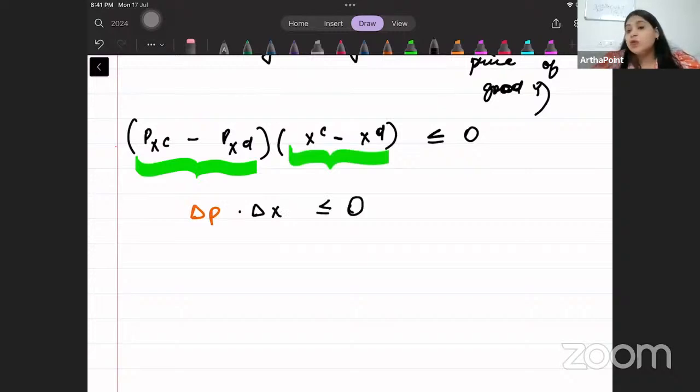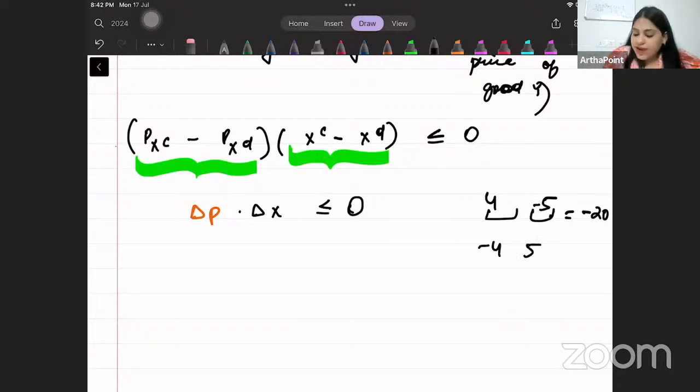When is the product of two things negative? When one of them is negative, only then will the product be negative. So suppose I want the product of two things to be minus 20. It can be 4 into minus 5, or minus 4 into 5.